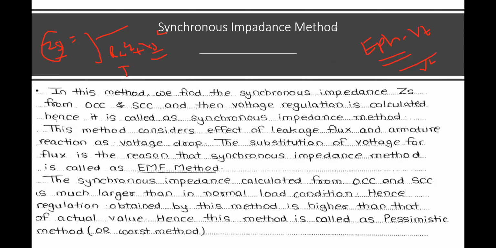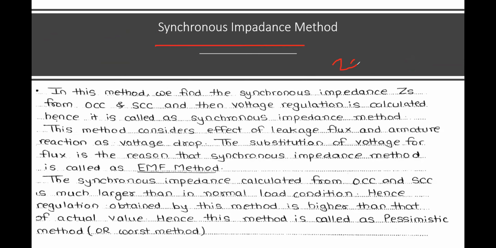Now, about these techniques, first of all, what is meant by these techniques and what are the parameters considered in these techniques. First of all, this ZS is calculated by two techniques.